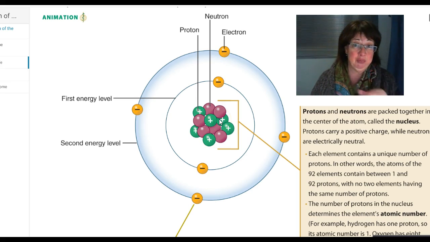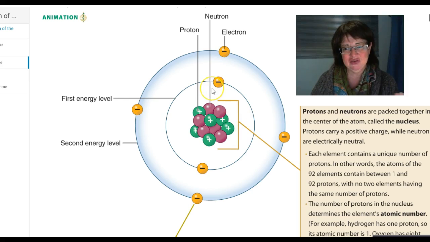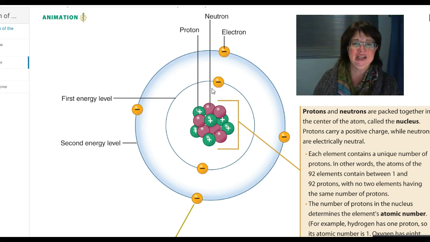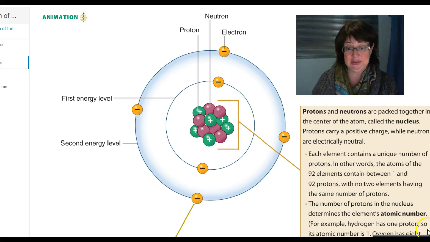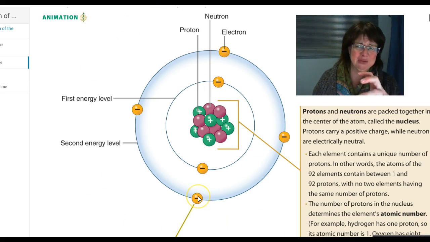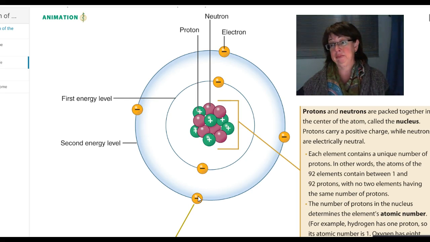When you change the number of protons, you change the atom. Then you have electrons that move outside and around the atom. It's the interaction of the electrons that will result in the bonding of compounds or molecules. Okay, so this is why we're talking a little bit about electrons.